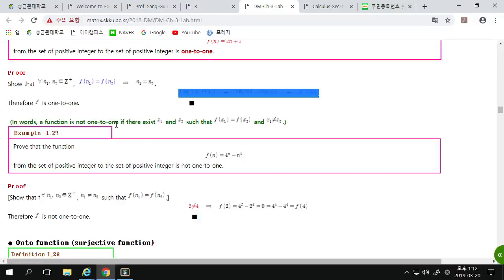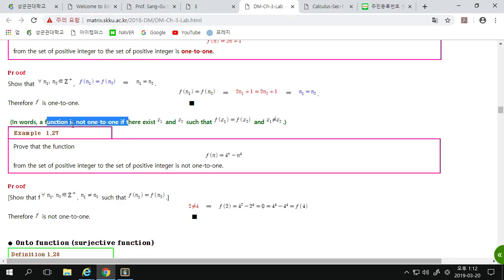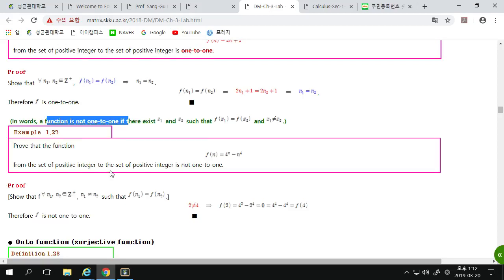Done. In other words, a function is not one-to-one if there exist x1 and x2 such that f of x1 is equal to f of x2 and x1 is not equal to x2. If there exist x1 and x2 that satisfy this, then clearly it's not one-to-one. So this is the way to show a given function is not one-to-one.